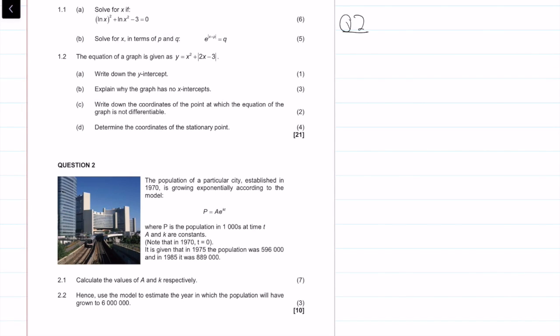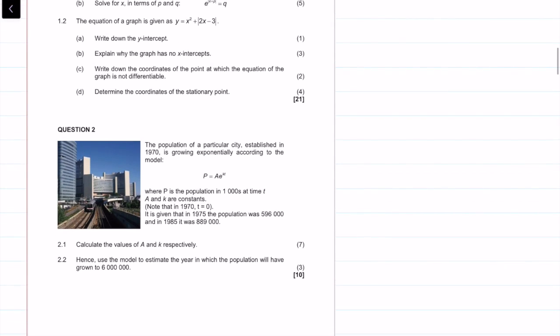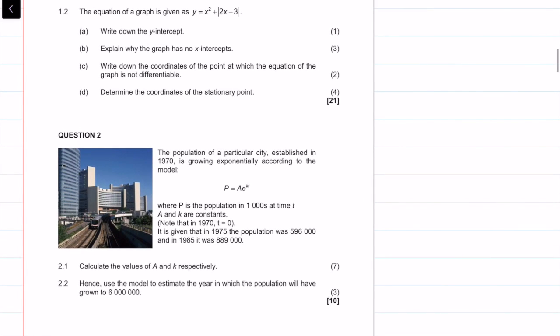Question 2. The population of a particular city established in 1970 is growing exponentially according to the model P, population, is equal to A e to the kt, where P is the population in thousands at time t, and A and k are constants. Note, this is quite important, that in 1970 t is equal to 0.